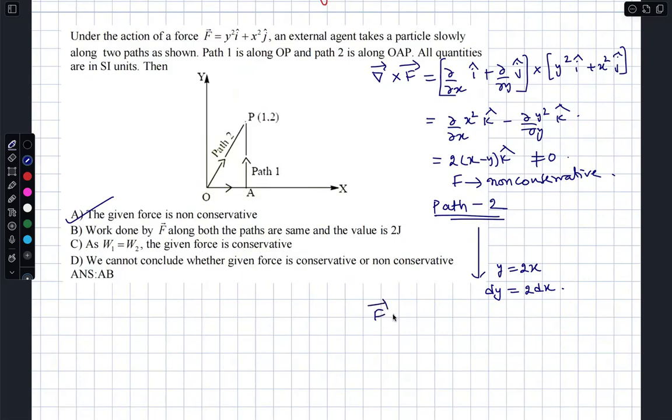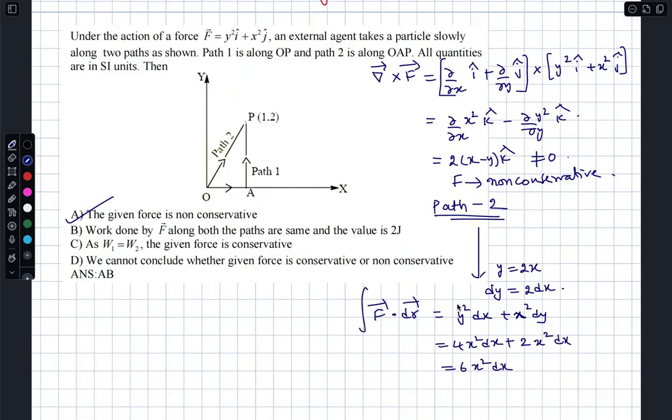From this, F bar dot dr bar is literally y square dx plus x square dy. So substitute 4x square dx plus 2x square dx, which is 6x square dx.